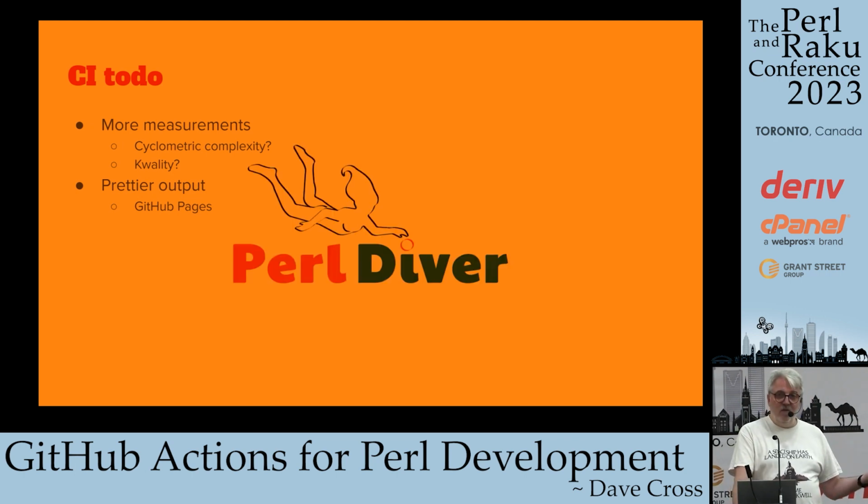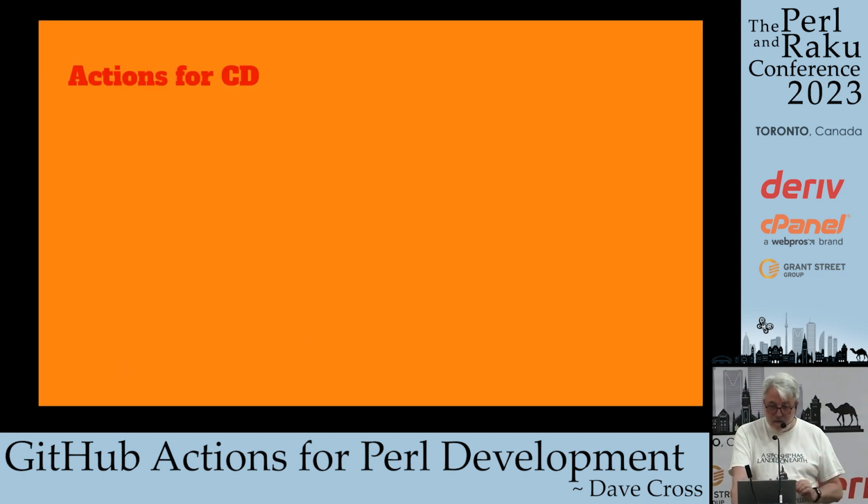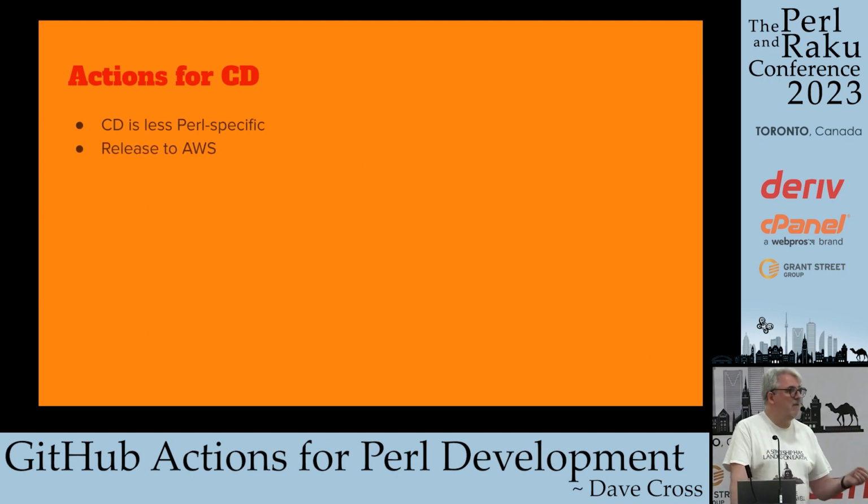So I'm working on a project called Perl Diver, which will build CI pages for you. I hope to be able to talk about that a bit more later in the year. And then there's CD, continuous deployment. Now that is less specific to Perl because you're doing the same things as anybody is.